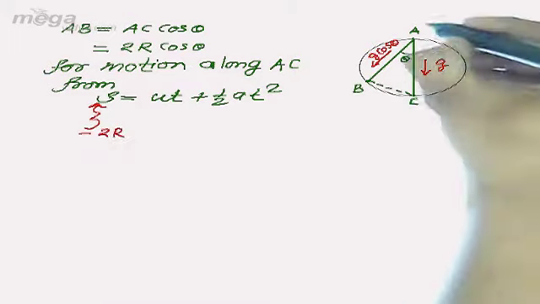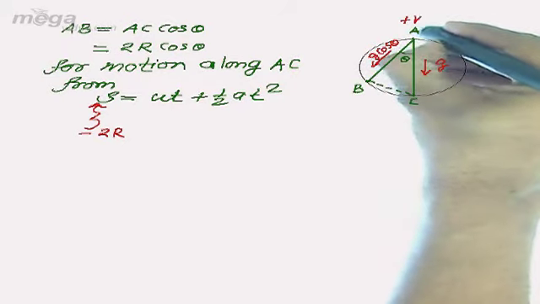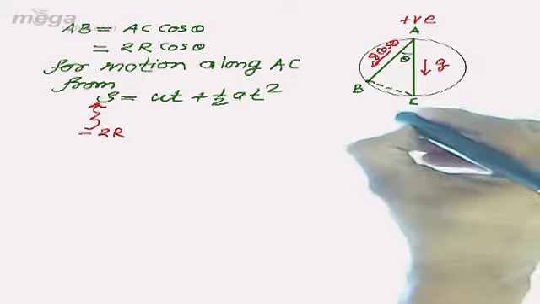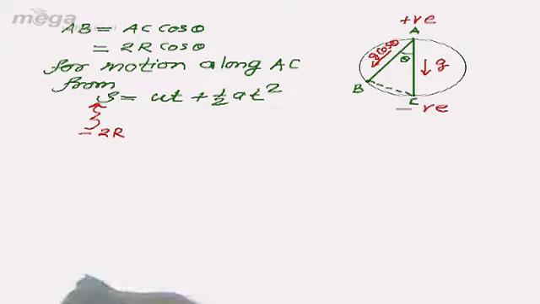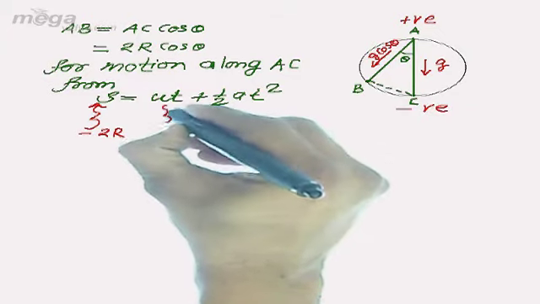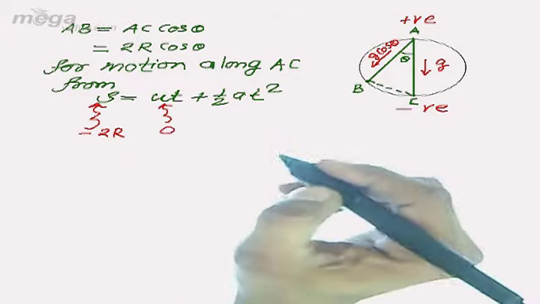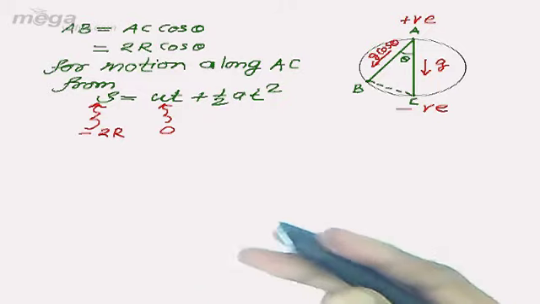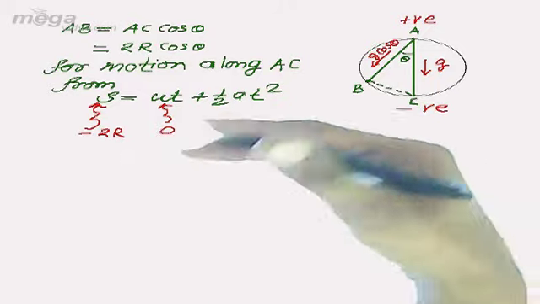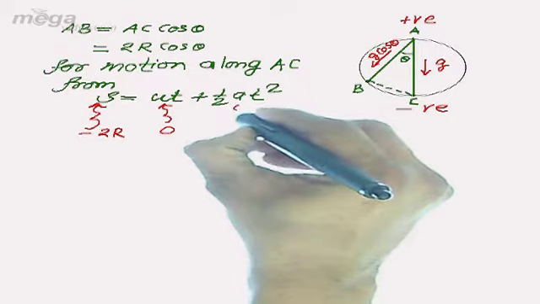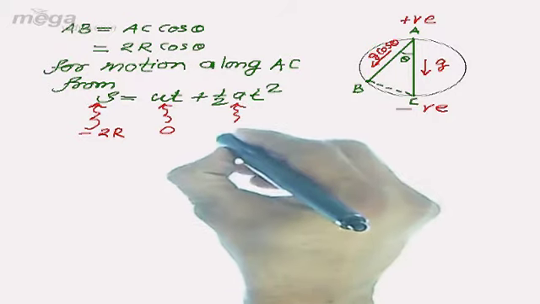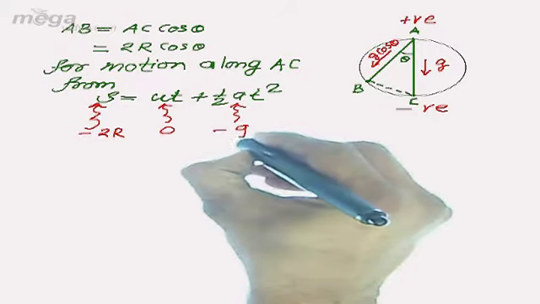I am considering upward direction to be positive and downward direction to be negative. Initial velocity is 0 because the particle starts sliding from A itself. Acceleration a can be written as minus g here.